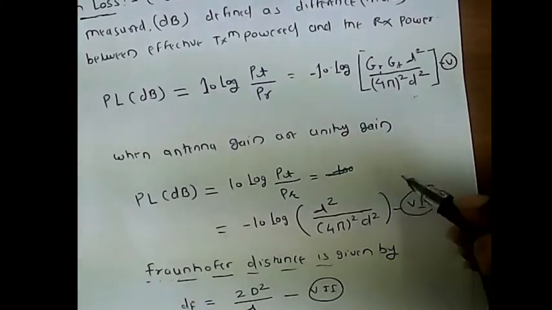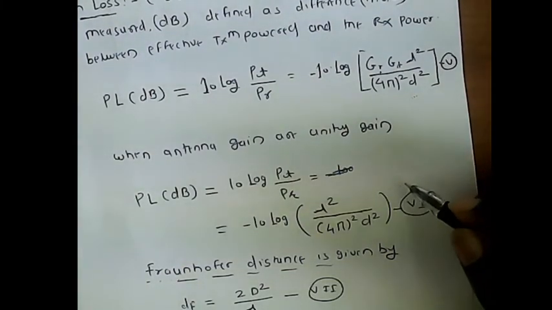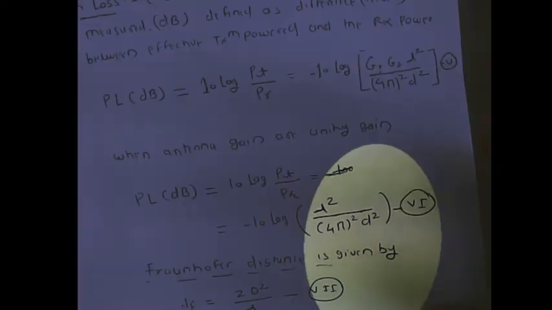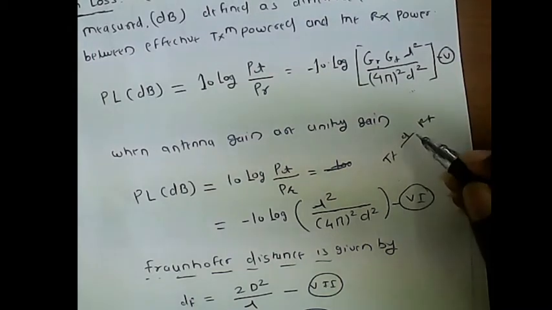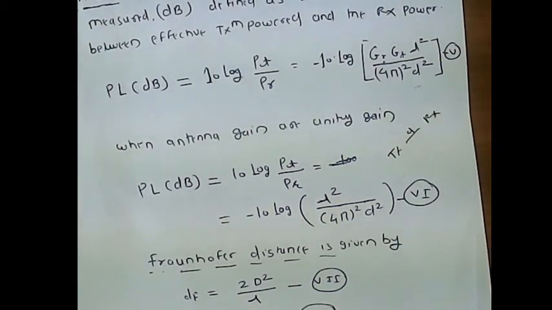This equation is for when the distance between transmitter and receiver is very small. But when the transmitter and receiver are far away, in the far field, and the transmitting antenna is very large, the distance is given by a new equation called the far field distance or Fraunhofer region.